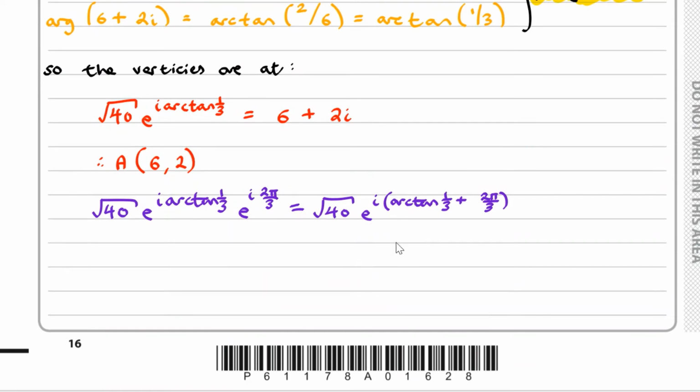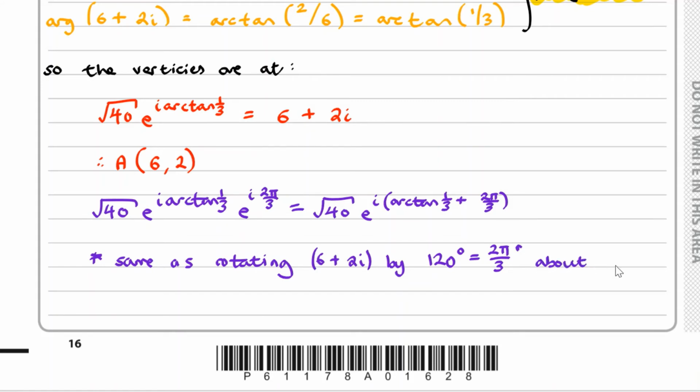This thing over here then is the same as rotating 6 plus 2i by 120 degrees, or 2 pi over 3 radians, about the origin.